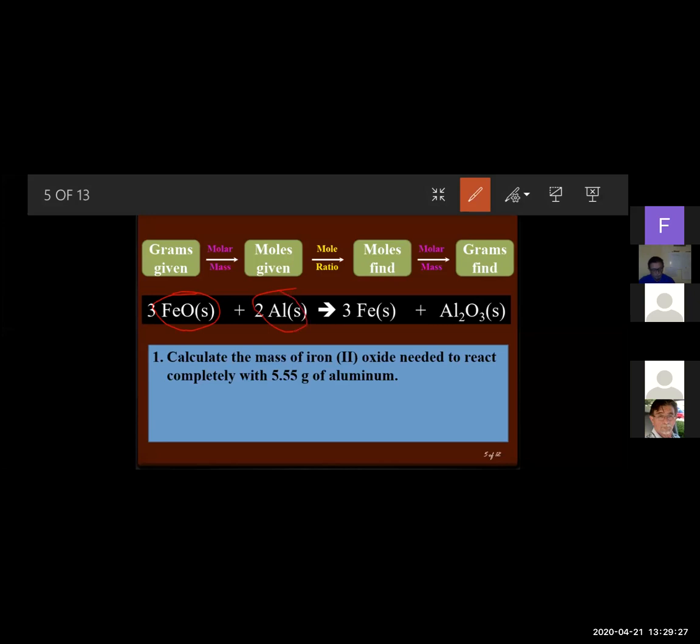If I start off with 5.5 grams of aluminum, how much iron(II) oxide do I need so it can react completely? And note the ratio between the 2 reactants, 3 to 2. Keep that in mind.